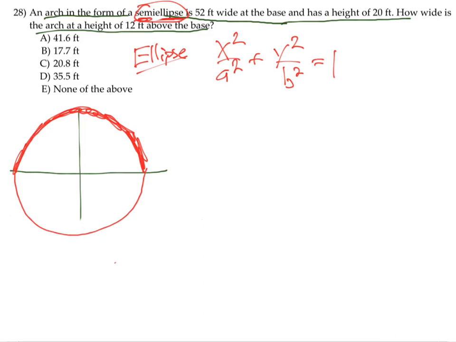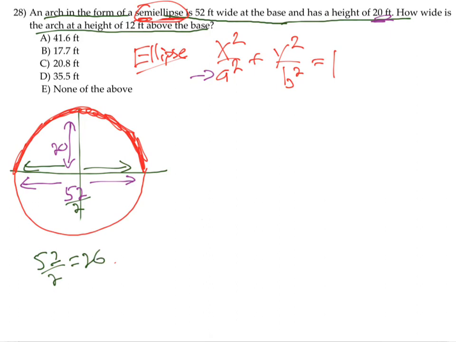So, all right, now how do we do this thing? It's 52 feet wide at the base, so that means 52 feet from there to there, and 20 feet tall. What goes underneath x is how far right and left. Half, you divide this by 2, 52 divided by 2 is 26. So that must mean 26 feet right, 26 feet left. This must be 26 squared.